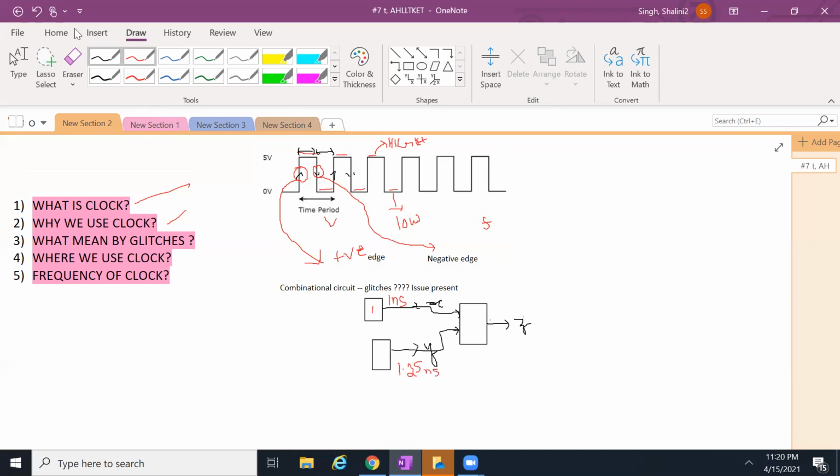So whenever an input is given, the first circuit changes its output every 1 nanosecond, and the second combinational circuit changes its output after 1.25 nanosecond. We'll see this in the waveform.